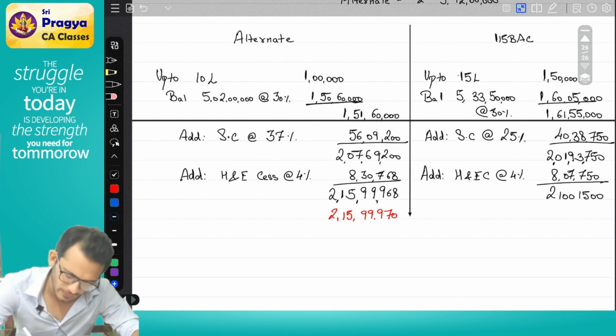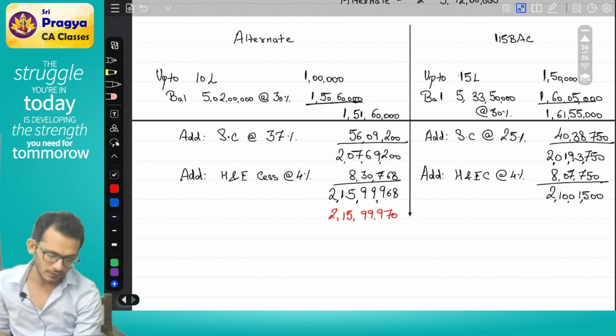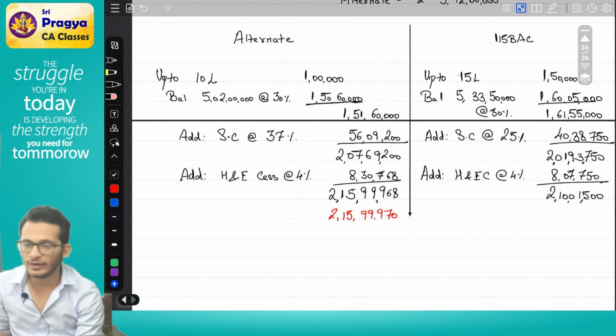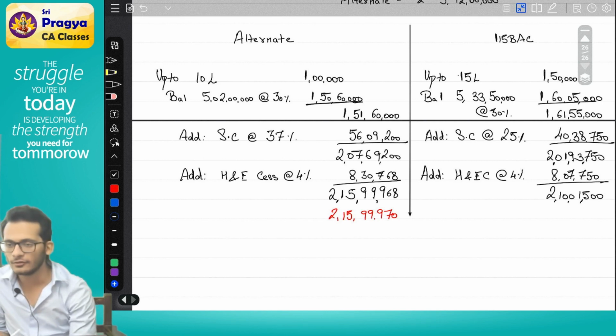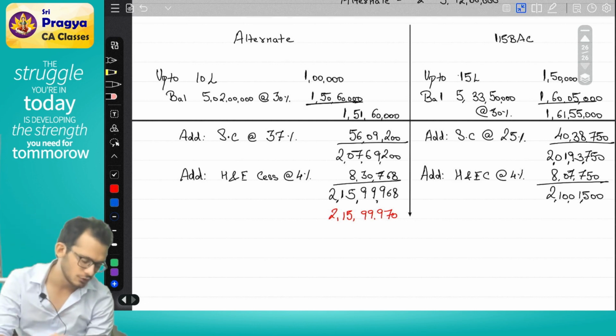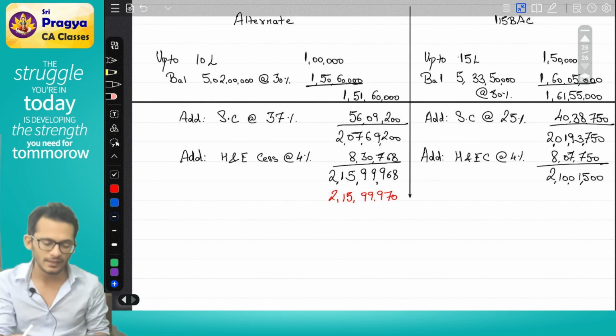Now check and tell me which one is better. In the new regime, they are asking you to pay 2 crore 10 lakhs 1,500. In the old regime, they are asking you to pay 2 crore 15 lakh 99,970. Should you opt out or leave it just like that? You will leave it just like that.